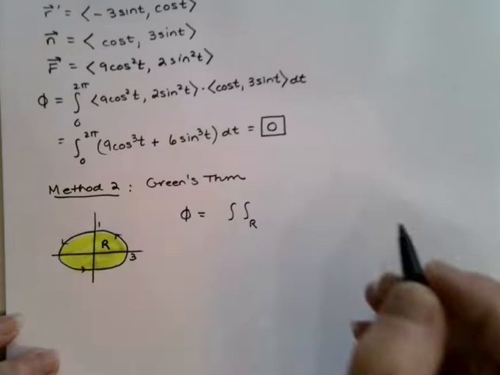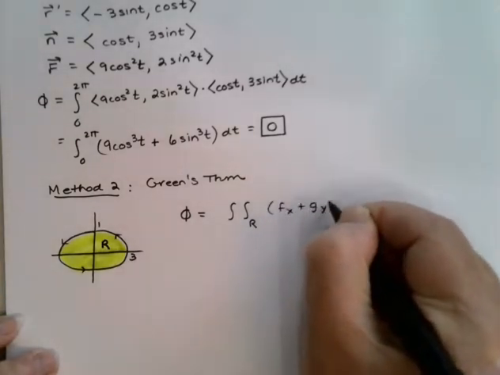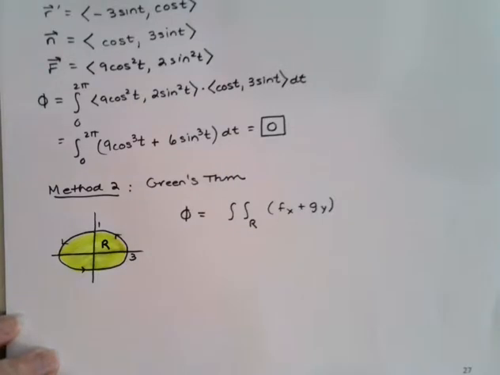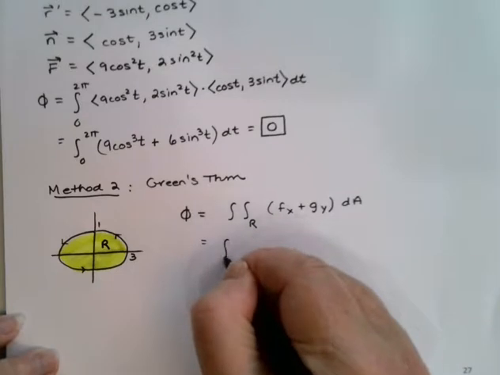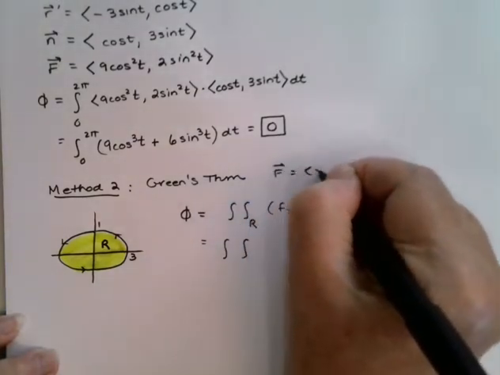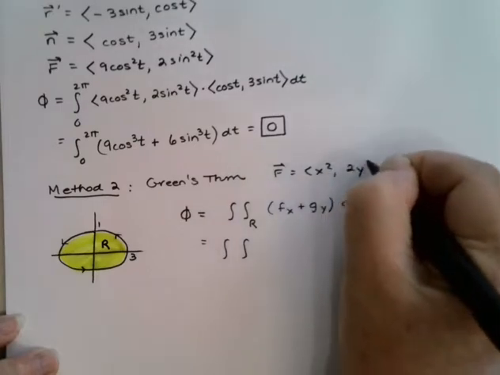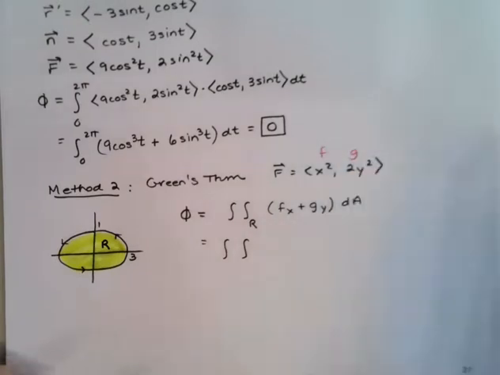and we need to take f sub x plus g sub y. That divergence is our integrand. Just a reminder, f was x squared comma 2y squared. So that provides my little f and my little g.